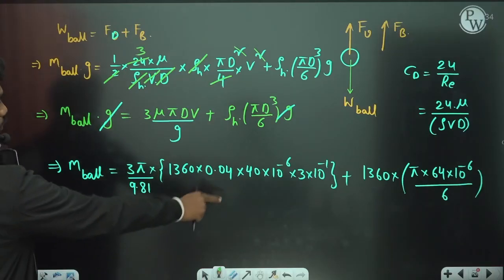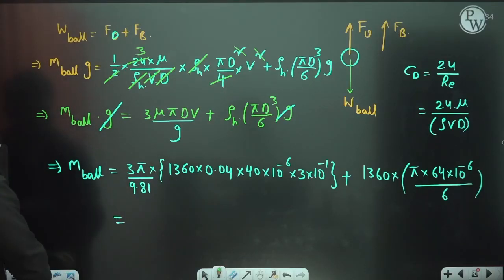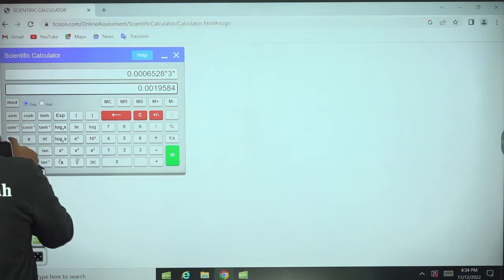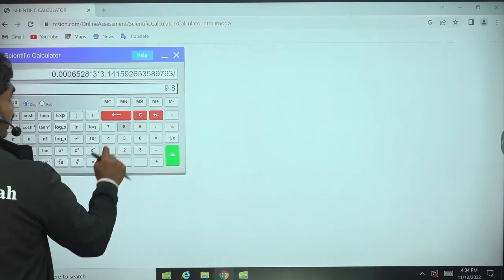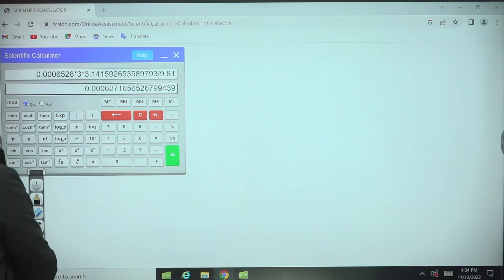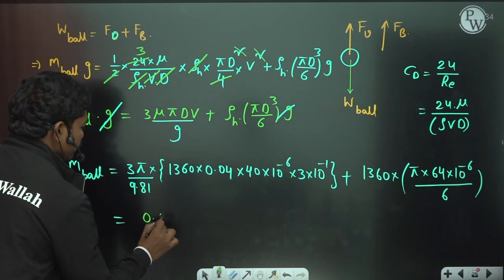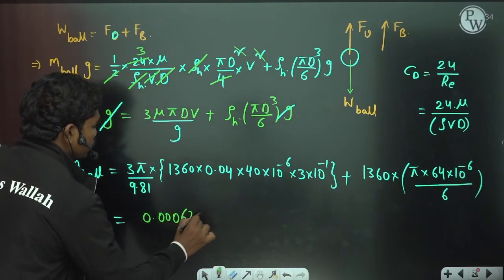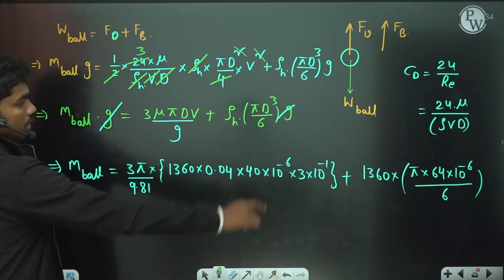Then you get this value into 3 pi by 9.81. If you simplify, this is what we have, 0.000627.